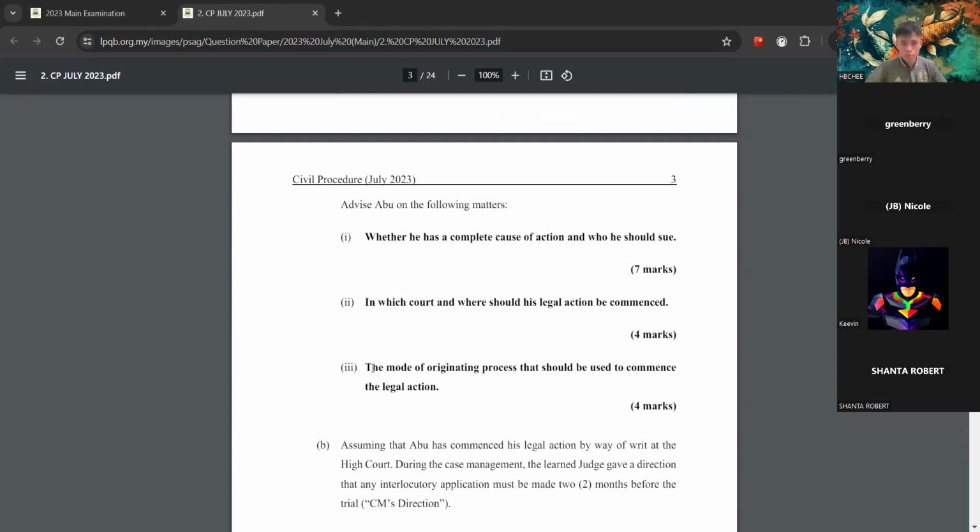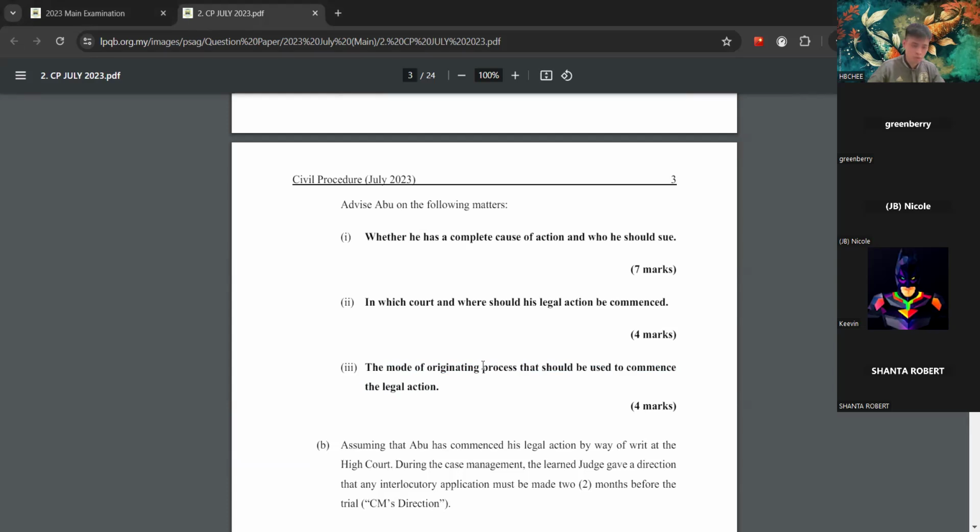Okay, third part, the mode of originating process that should be used to commence the legal action. This one is quite easy and straightforward because you can just write out Order 5 Rule 2 of your Rules of Court, with action.